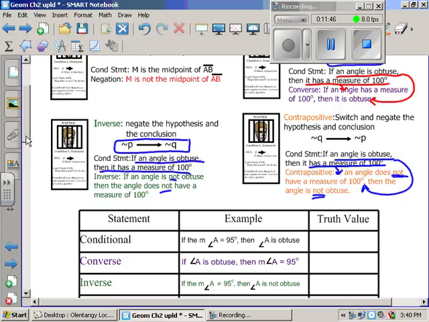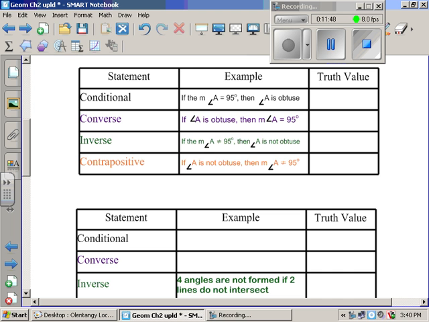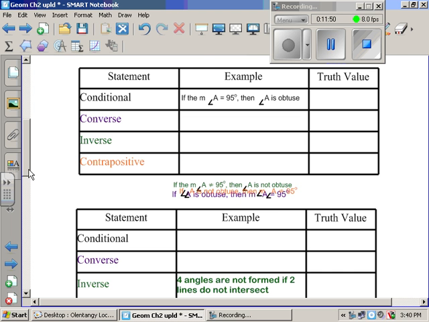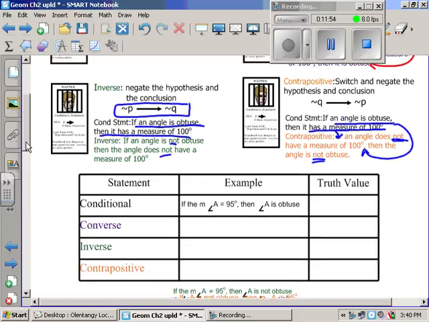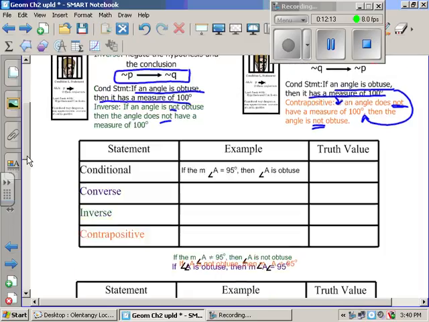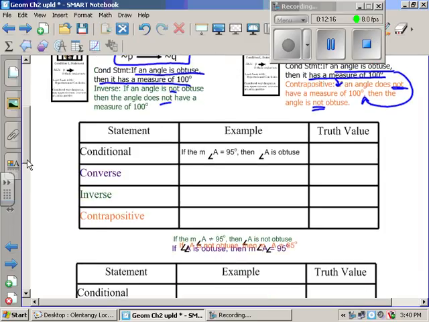Okay, so let's try and practice a little bit of this. My original statement is, if the measure of angle A is 95 degrees, then angle A is obtuse. That's my original conditional statement. Converse, which switches the hypothesis and the conclusion, would take the conclusion and make it the hypothesis.